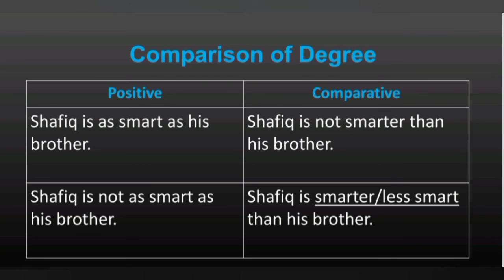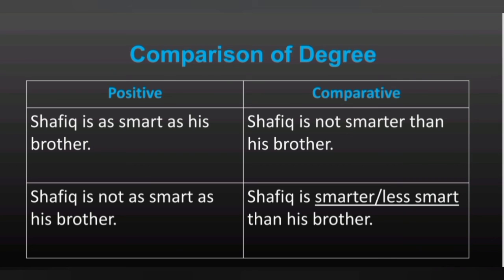Then if you get the sentence in a negative form, here we have "Shofik is not as smart as his brother." The sentence itself is a negative one. So while changing it into comparative, we have to change the sentence from affirmative to negative, and if it is negative, we have to change it into an affirmative one. So how can we change it into comparative?